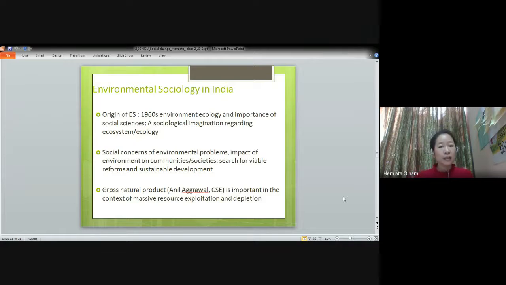Now, looking at the Indian scenario, how did the whole idea of environmental sociology come into the picture, and how does it connect with local level participation? The idea of environmental sociology originated in the 1960s.